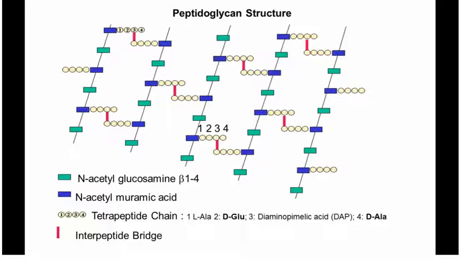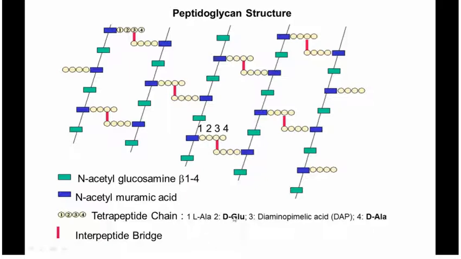So what is bringing the rigidity are these crosslinks, the peptide part. You have 4 amino acids linked to the N-acetylmuramic acid, and these tetrapeptides are linked to each other through a kind of pseudo-peptide bond.